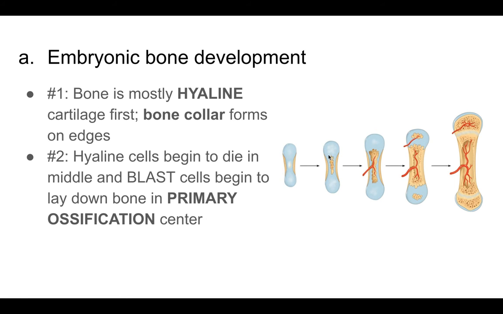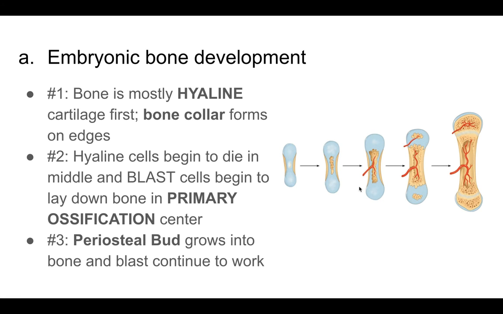And this middle part is now called a primary ossification center. It's the first place that we see actual bone growth and development. Then number 3, our third diagram, you see blood vessels grow into that primary ossification center. So this is called the periosteal bud.